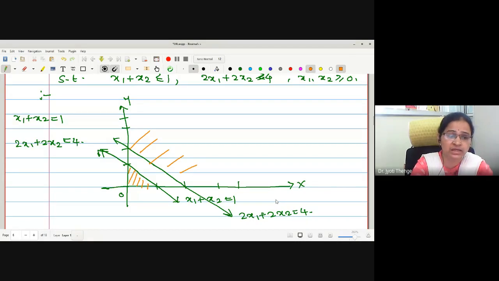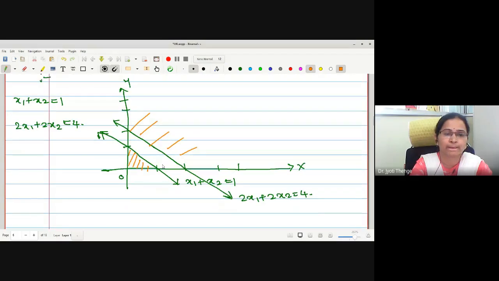What is the meaning of the equations being inconsistent? No solution. If it has no solution, therefore there is no feasible region. Therefore, the LPP also does not have any solution.